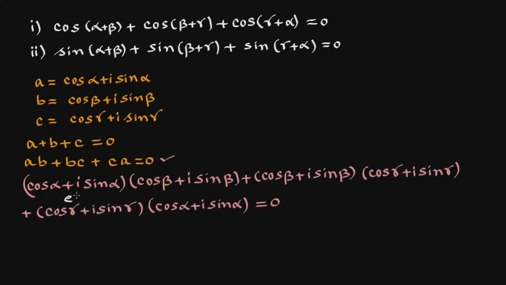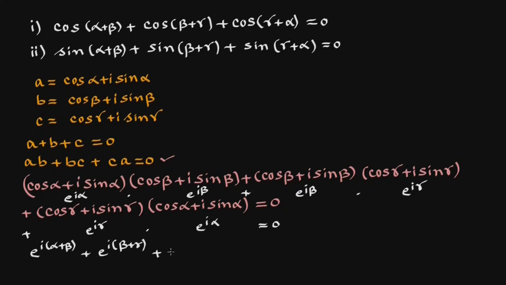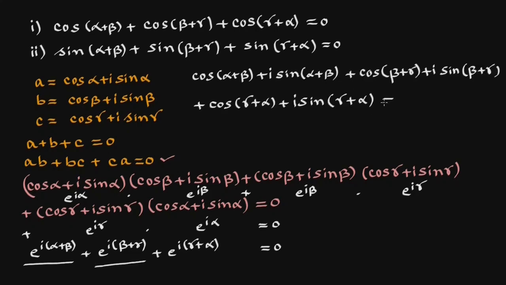This will be e^(iα)·e^(iβ) + e^(iβ)·e^(iγ) + e^(iγ)·e^(iα) = 0, which will be e^(i(α+β)) + e^(i(β+γ)) + e^(i(γ+α)) = 0. This will be cos(α+β) + i sin(α+β) + this = 0.